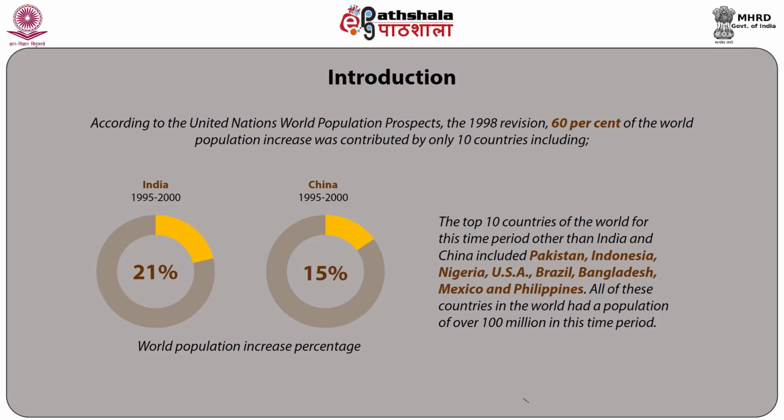The top 10 countries of the world for this time period, other than India and China, included Pakistan, Indonesia, Nigeria, USA, Brazil, Bangladesh, Mexico, and Philippines. All of these countries had a population of over 100 million in this time period.